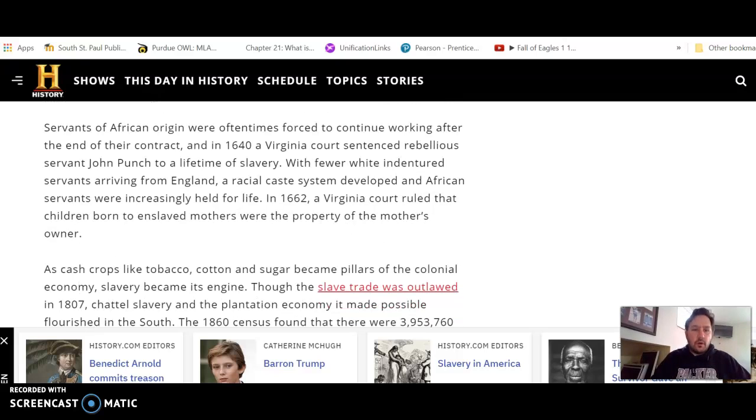Servants of African origin were oftentimes forced to continue working after the end of their contract, and in 1640 a Virginia court sentenced rebellious servant John Punch to a lifetime of slavery. With fewer white indentured servants arriving from England, a racial caste system developed, and African servants were increasingly held for life. In 1662, a Virginia court ruled that children born to enslaved mothers were the property of the mother's owner.